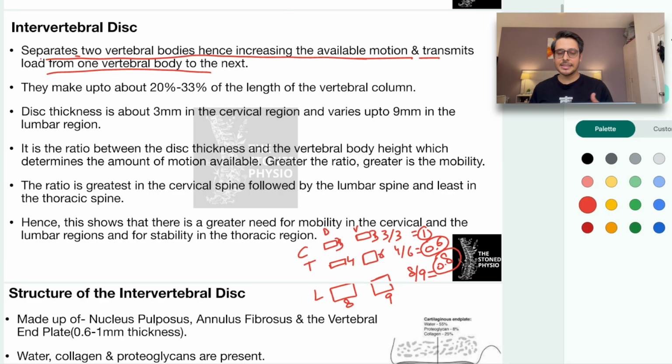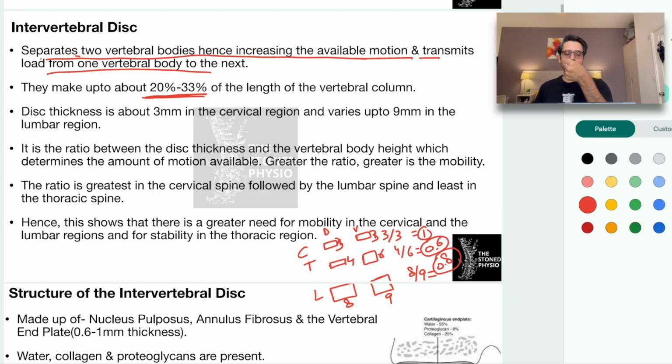The other thing is it lets force transmit from the superior part of the vertebral column, the cervical vertebrae, all the way down to the lumbar spine. Now there is one more number that we need to talk about. It says it increases the length of the vertebral column by 20 to 33%.